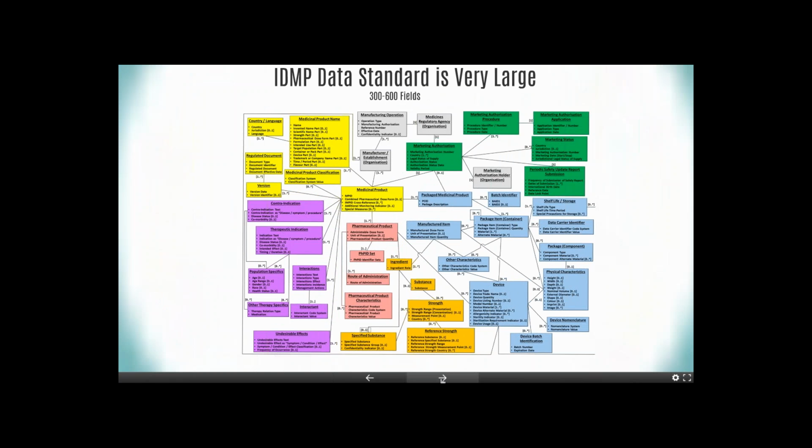So maybe some of you have seen this data model. This is a data model only for the registered products, that means the approved products. So what is missing here is, as I just mentioned, the investigational medicinal products, and what is also not in this picture is the data model for the substances. That's a separate one. That's also quite a big model. So at the end, you can have up to between 300 and 600 data fields per product.